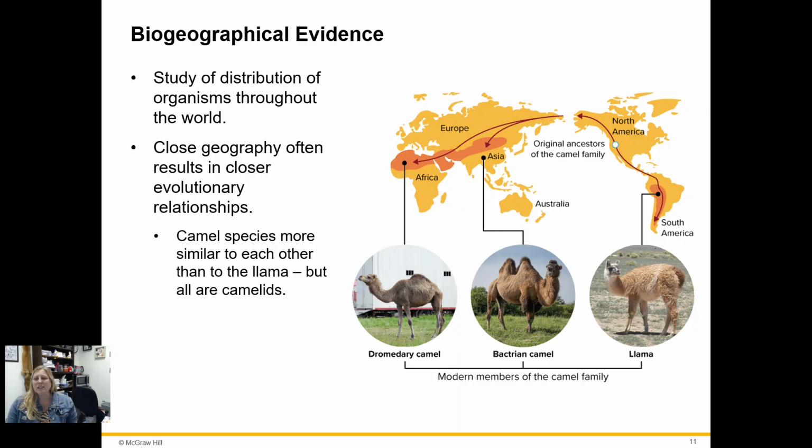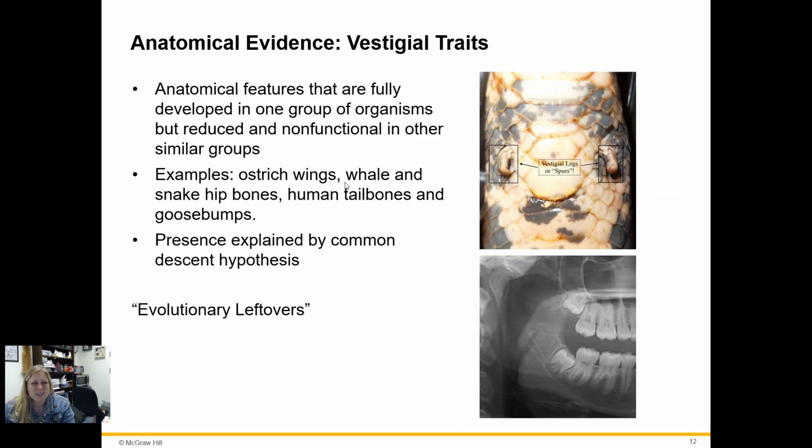And so we do see this kind of distribution of this biogeographical evidence where organisms are living today, and Darwin used this with the Galapagos Islands and those different iguanas, but we also know that it can be used with that fossil record, okay? We also have anatomical evidence, and this is what we use a lot because this is what we can see. Okay, there are 3 different kinds of anatomical evidence I want you to know.